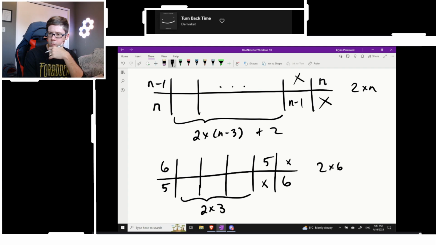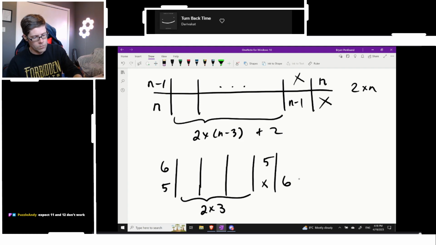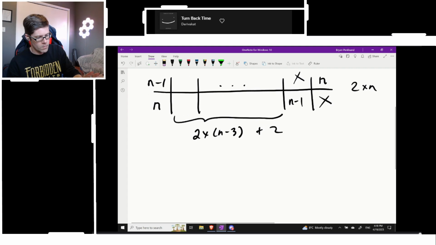I'm not exactly sure what you're thinking about inductive-wise, but I'll hold on to that in my back pocket. So you always have a 2 by n minus 3 plus extra 2.